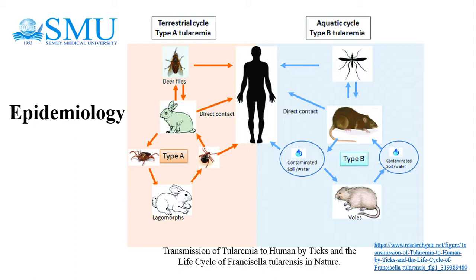Wild rodents and lagomorphs are natural reservoirs of this agent, and humans may become infected through various routes, including direct contact with an infected animal, consumption of infected food or water, inhalation of infected aerosols, or through the bite of an arthropod such as ticks, deer flies and mosquitoes, fleas, lice, midges, and or mites. Only rarely is it transmitted from person to person.